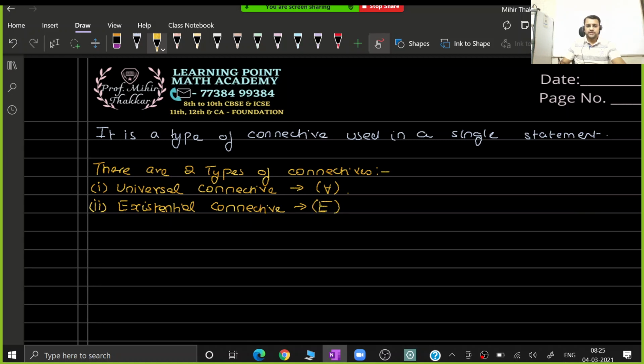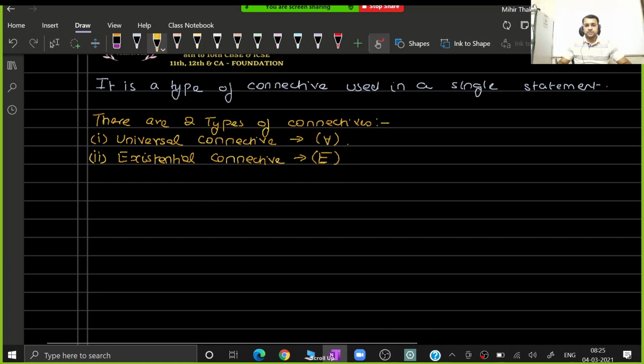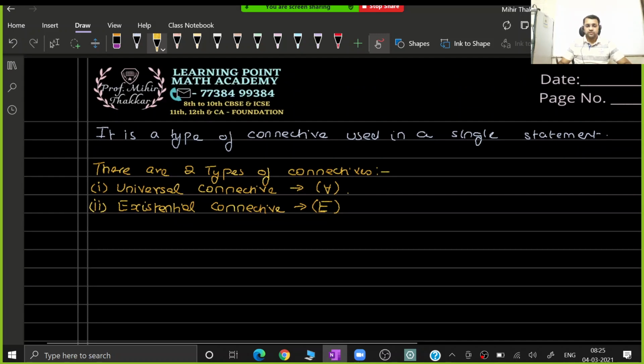Okay, let us understand each of them one by one. We will take some examples and then we would be able to understand it very clearly. Okay, what exactly is universal connective and what is the existential connective.